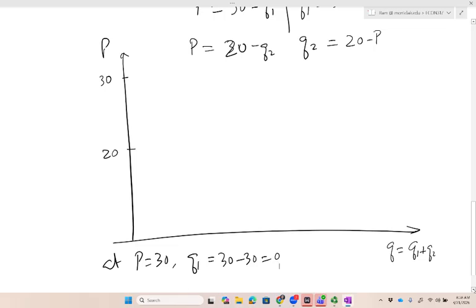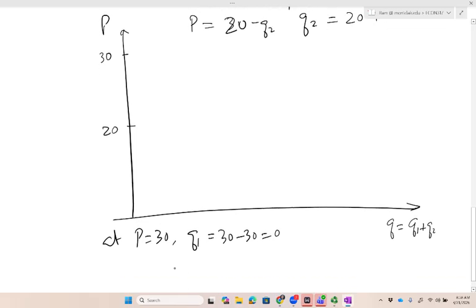I will take an intermediate price. At price equal to 25, Q1 equal to 30 minus 25, which is 5.